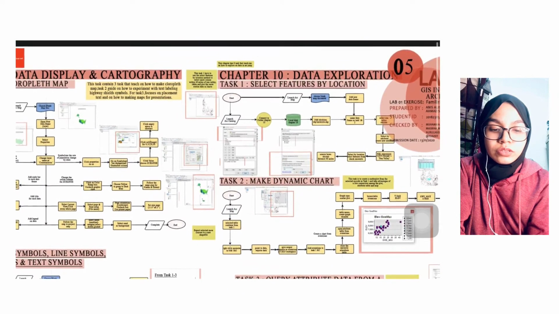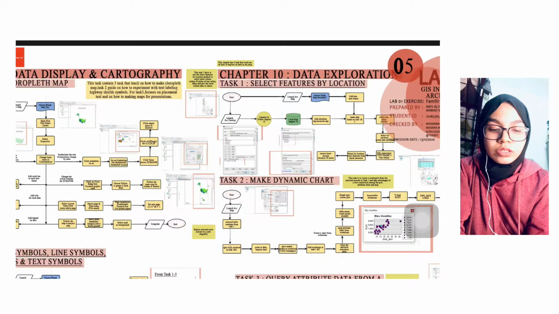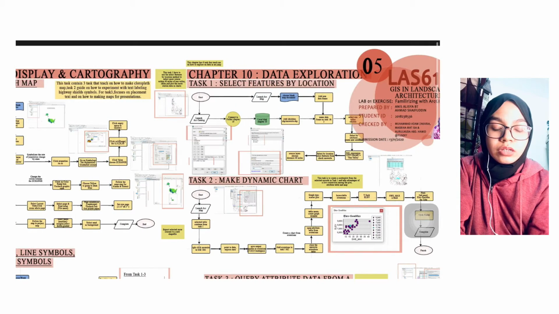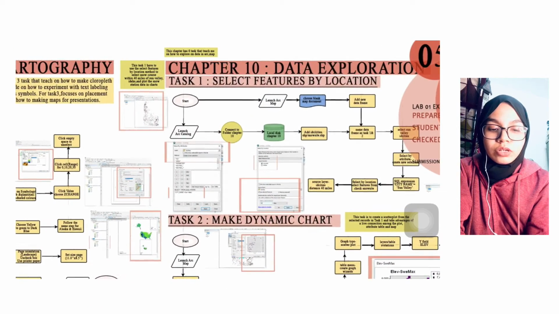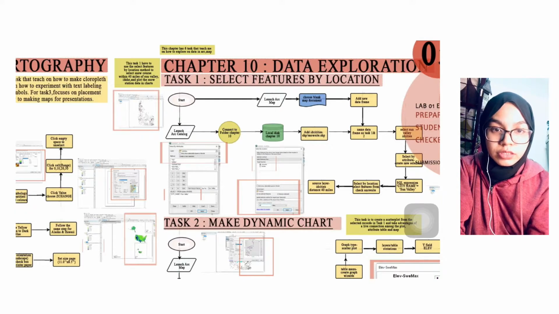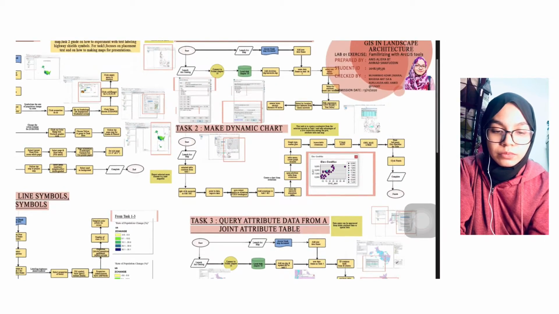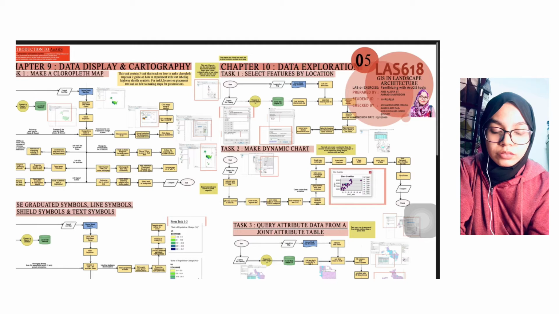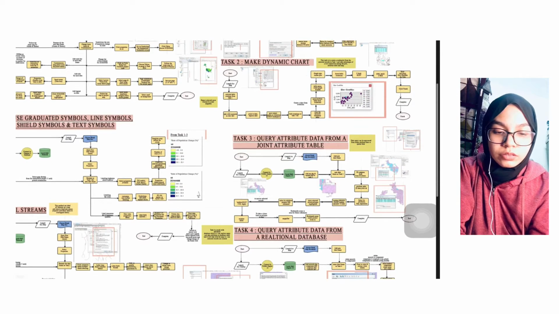So next, Chapter 10 is more about data exploration. This chapter has 6 tasks that teach us how to explore data in ArcMap. The first task is to select features by location. Task 2 is to make a dynamic chart.